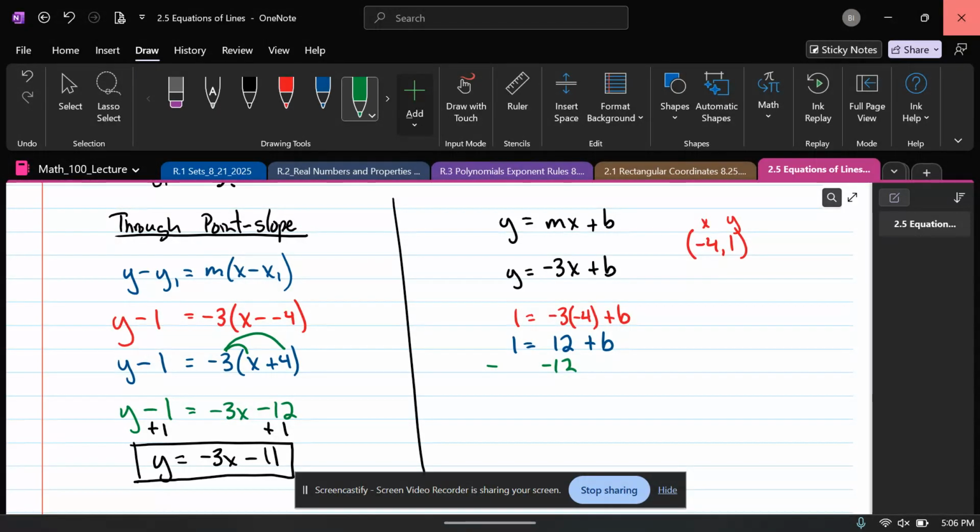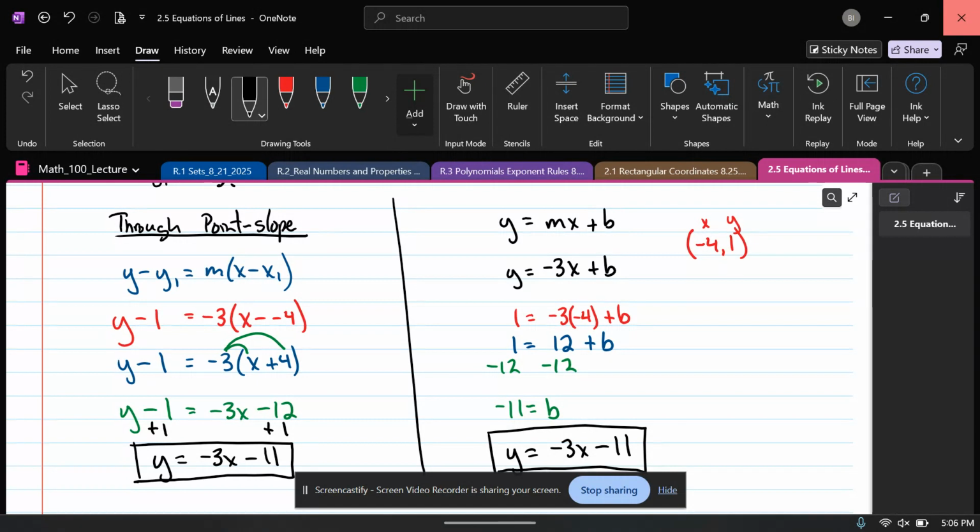That's negative 11, isn't it? Now I have the y-intercept is negative 11. Now I go back and rewrite my equation: y equals negative 3x minus 11. Same answer. I went a different road to get there.